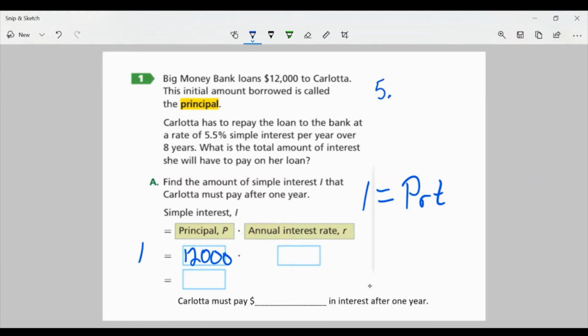Now remember, I have to change the percentage to a decimal. I got to get rid of the percent sign. Percentages are always out of 100, like we've been discussing through this module. So I need to divide it by 100. And that will give me 0.055. So that's the interest rate that I want to plug into this equation.